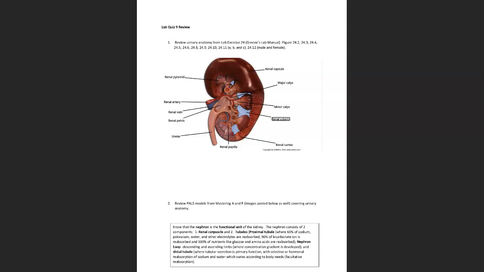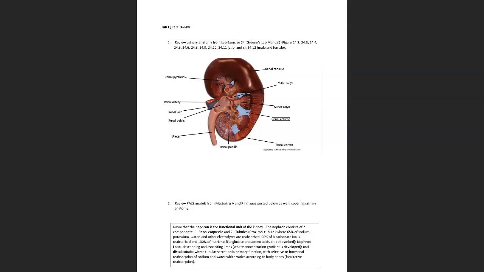To be able to identify the major features of the kidneys, from this mid-sagittal view you can see the major calyx down here. Remember, a major calyx is just a larger calyx than a minor calyx. A minor calyx is what the renal papilla, which is a pyramid, empties the urine into first, after it comes from the nephrons in the pyramid.